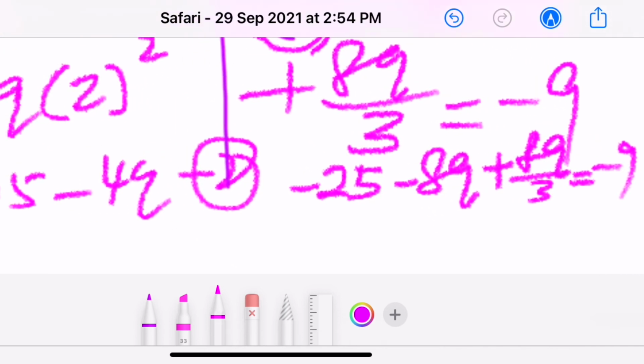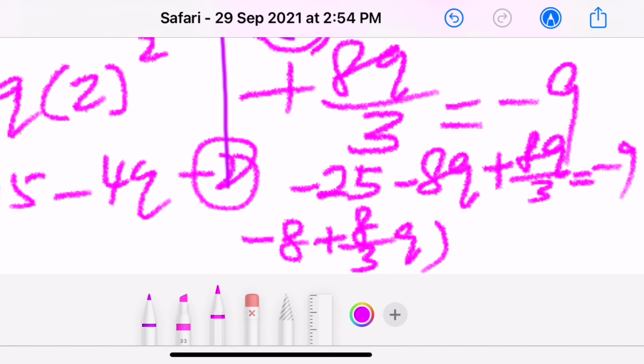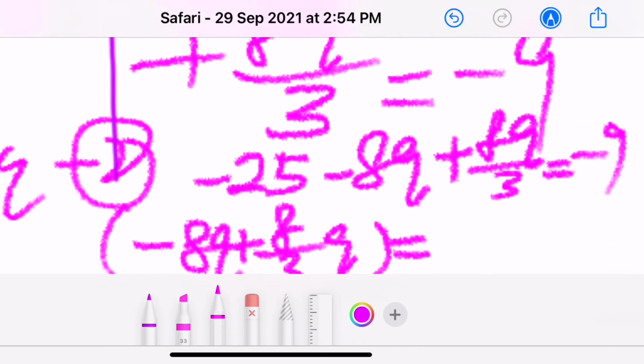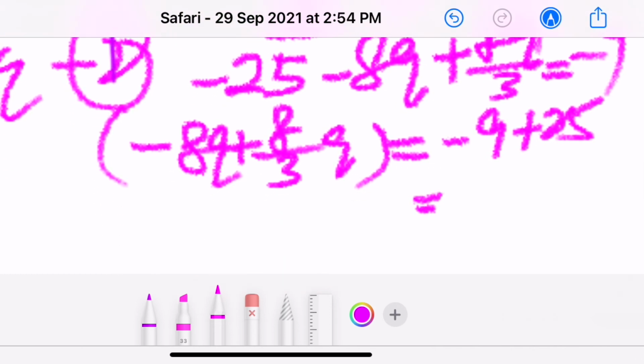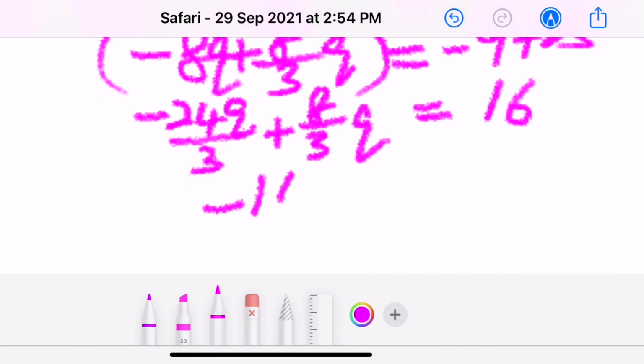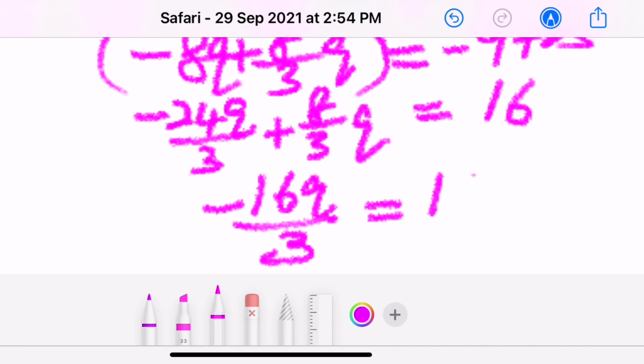Now we can say negative 8q plus 8 over 3q is equal to negative 9 plus 25, right? Negative 9 plus 25 is 16. Here we make the denominator times 3 over 3 plus 8 over 3q. So finally we have negative 16q over 3 is equal to 16.